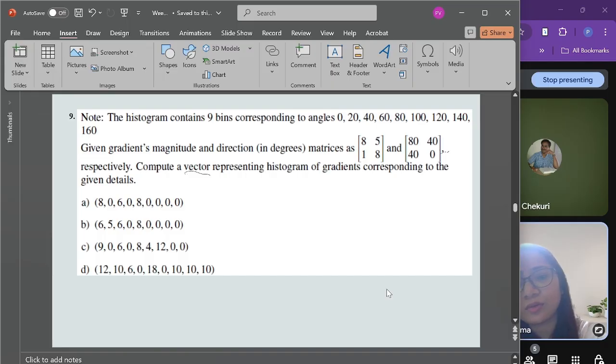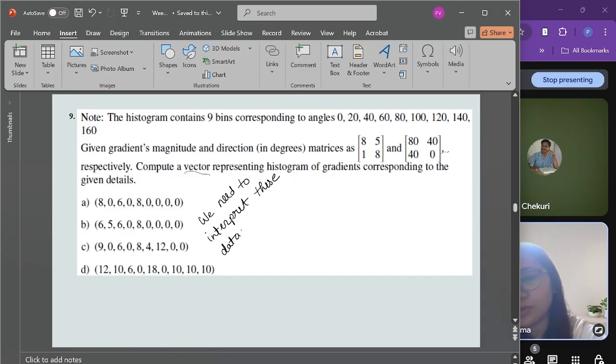So to compute the vector representation of the histogram, first we need to interpret these data, for both magnitude as well as directions.